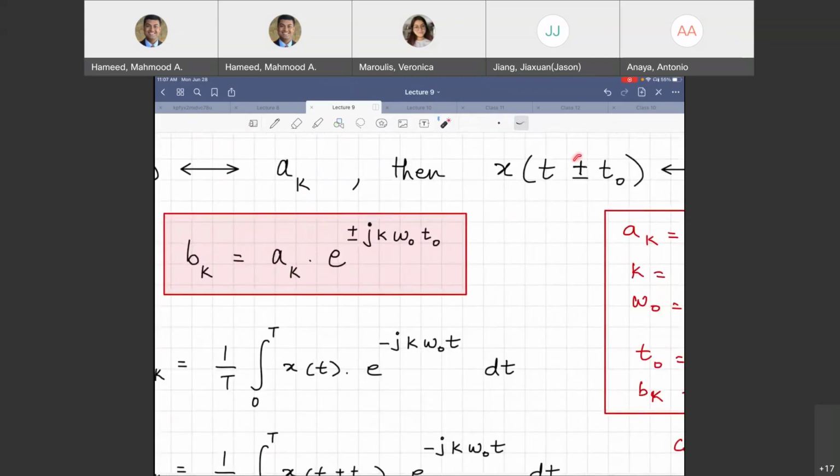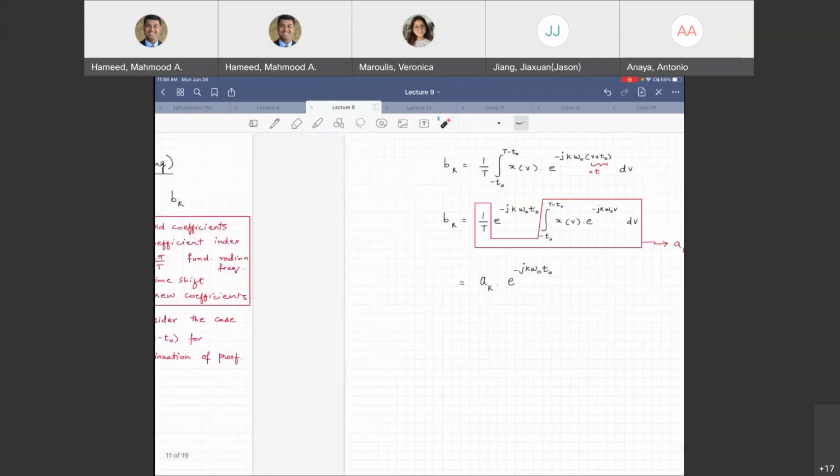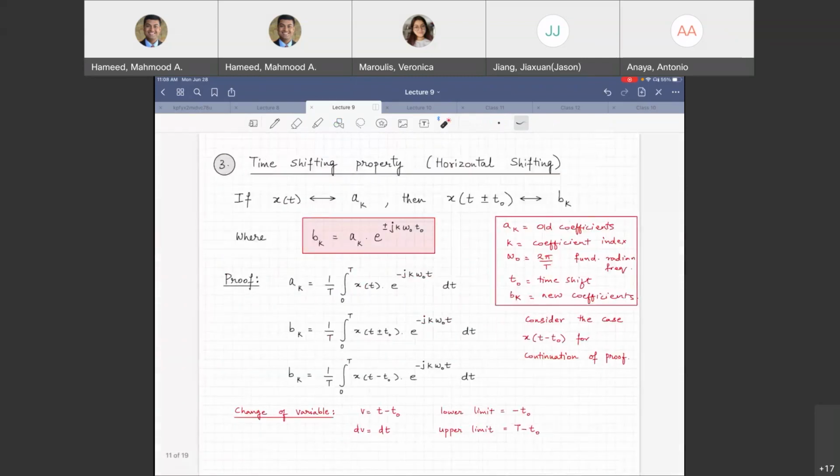If this is plus or minus, this is plus or minus. Whatever floats your boat, to distinguish that it is capturing both cases.